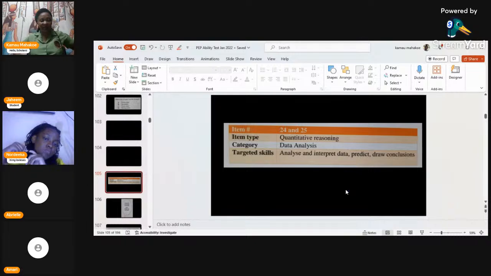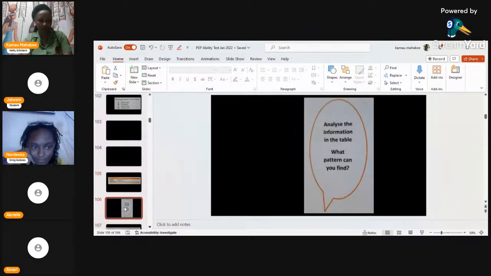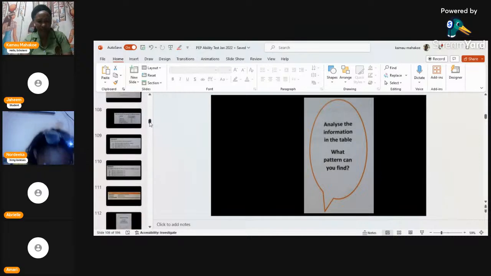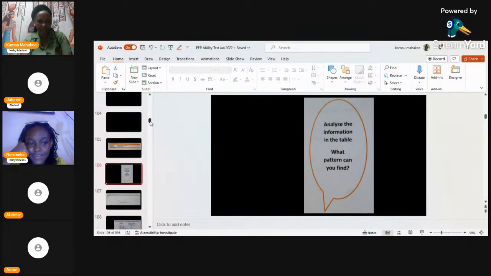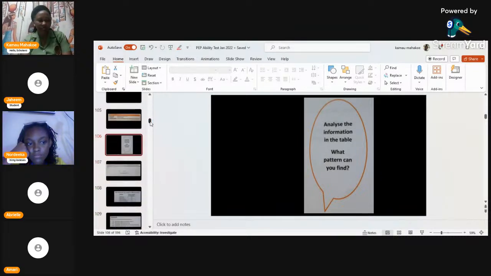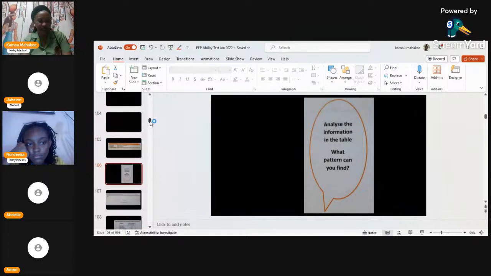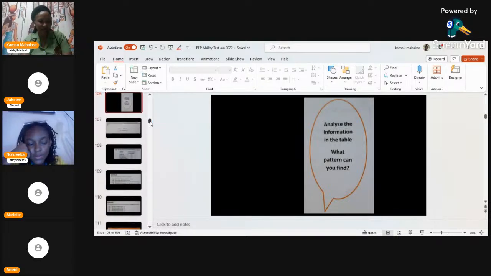The skills being tested here are analysis, being able to analyze and interpret data, and to predict and draw conclusions. So we are advised to analyze the information in the table and see what pattern we can find.